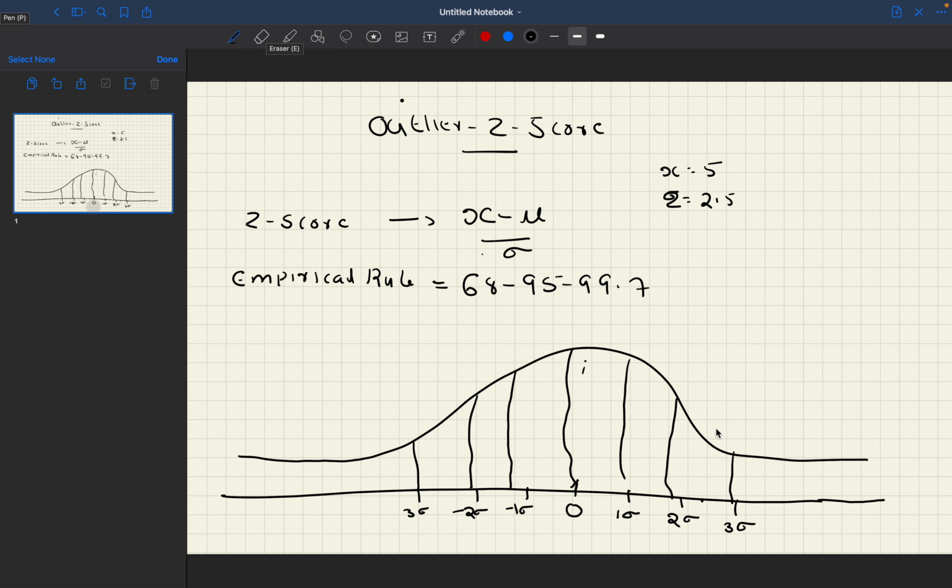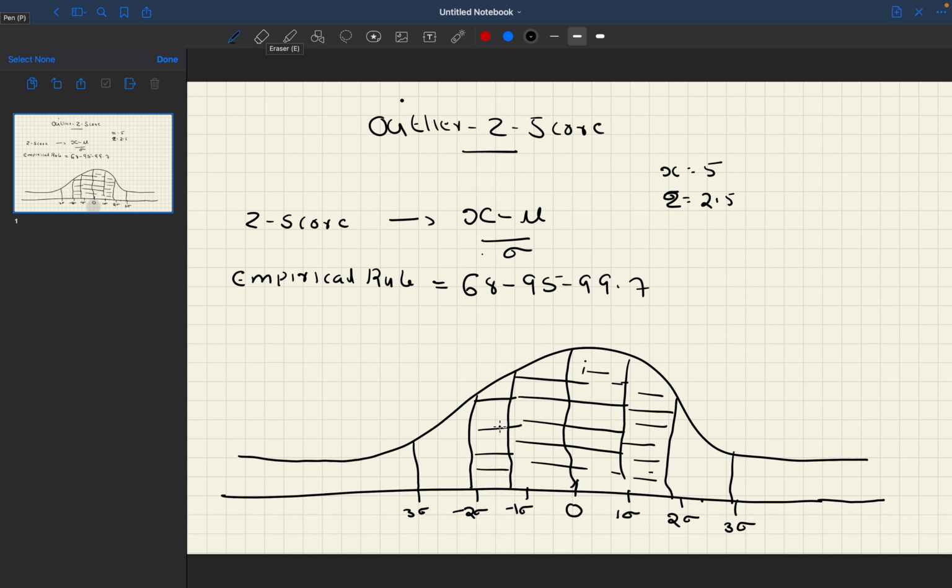So in a normal distribution or Gaussian curve, 68% of data belongs to the first standard deviation. See, this area has 68% of data. Altogether, the first and second standard deviations have 95% of data.